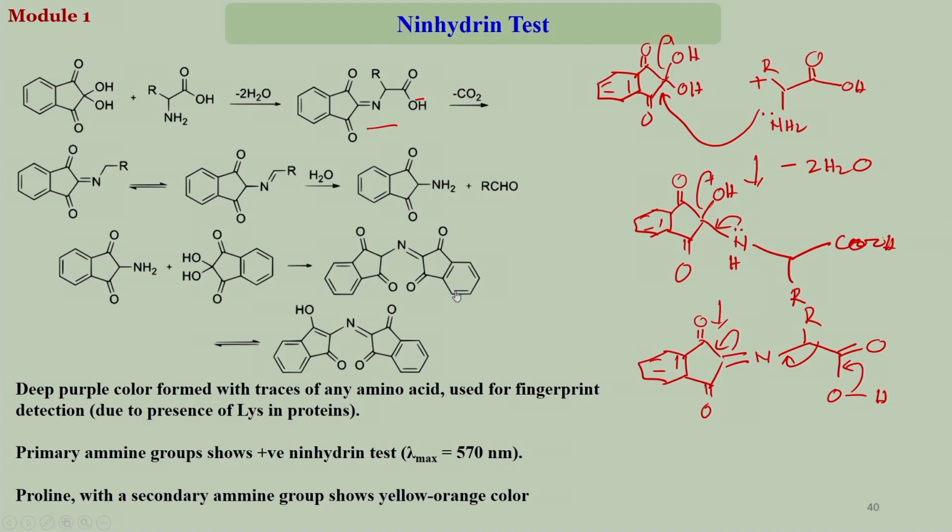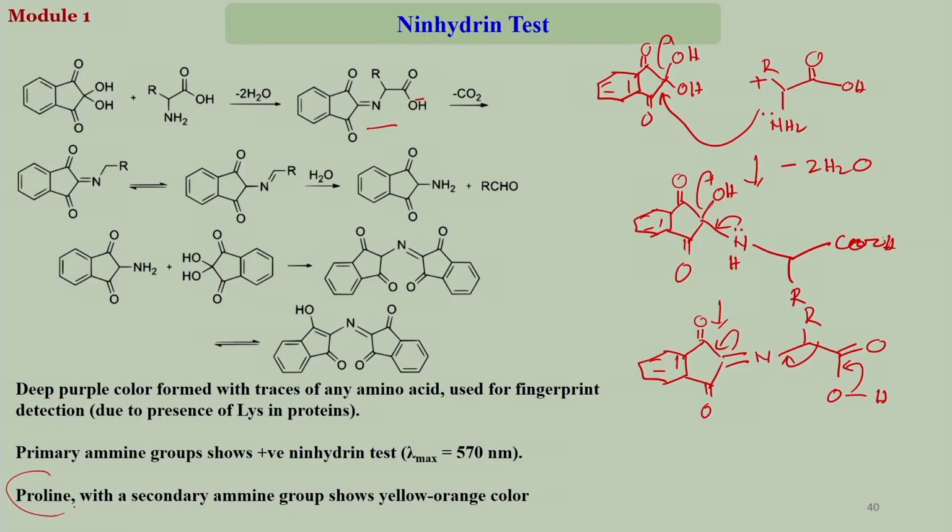Apart from amino acids, any other primary amine with a free NH2 group will also give the same color. Among the amino acids, proline has a secondary amine, as you have seen. So proline will not give the deep purple color; it produces a yellow to orange color.